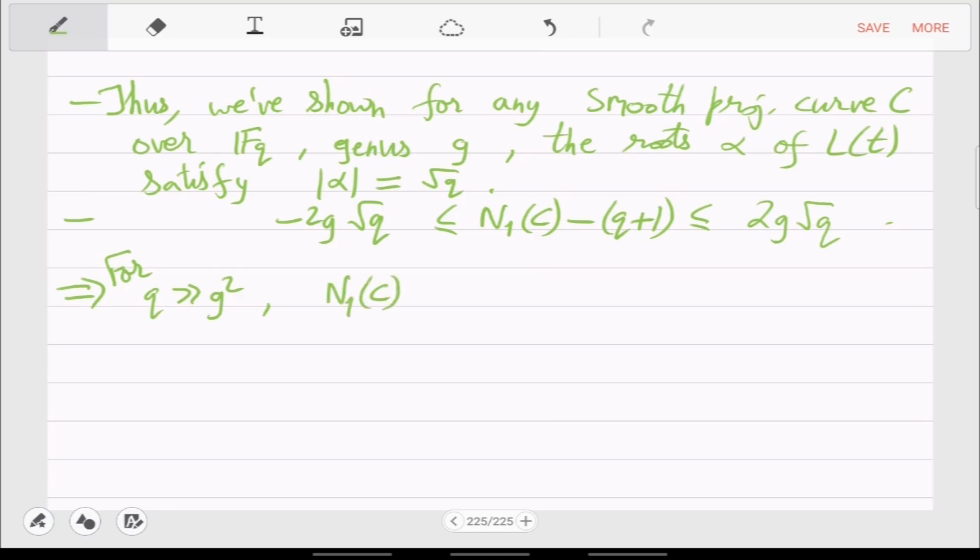The number of points on the curve is around q plus 1. Okay, so if you go to a field which is sufficiently big, then the main term is almost q plus 1.